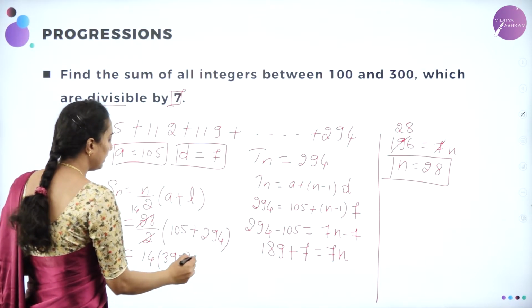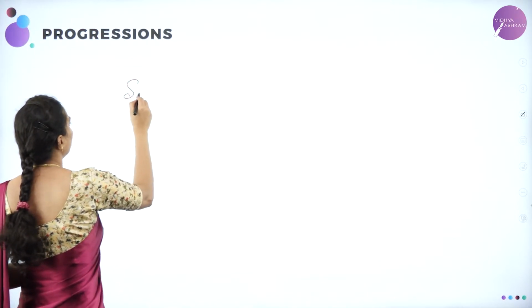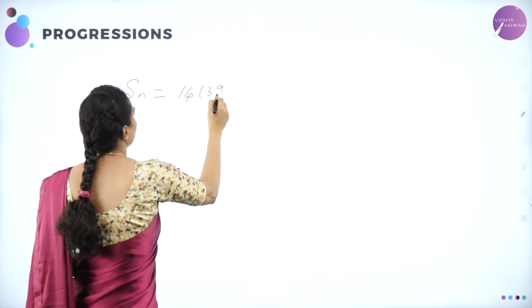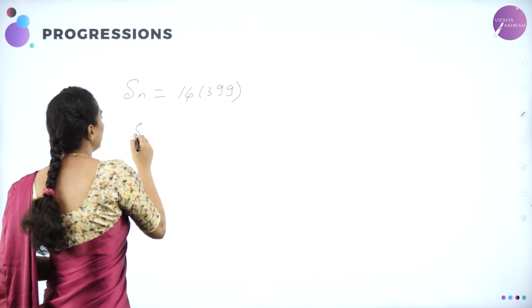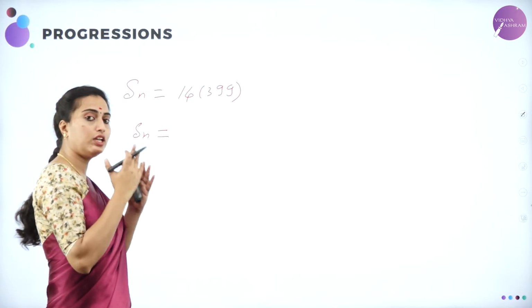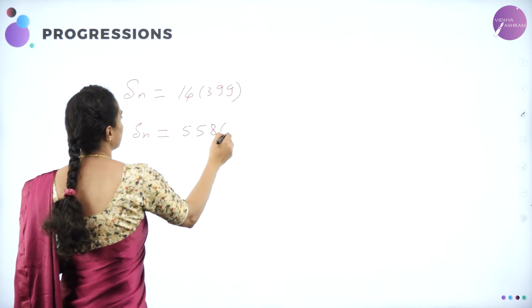So Sn will be equal to 14 into 399, and if you multiply 14 into 399, it will give you the value Sn is equal to 5586.